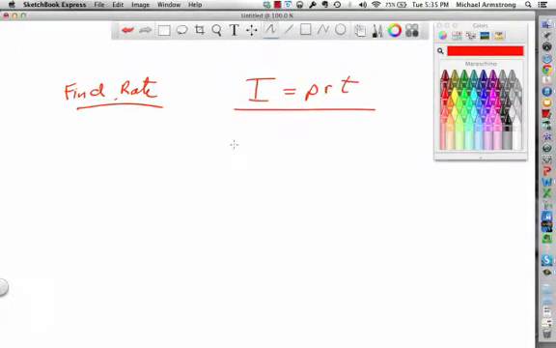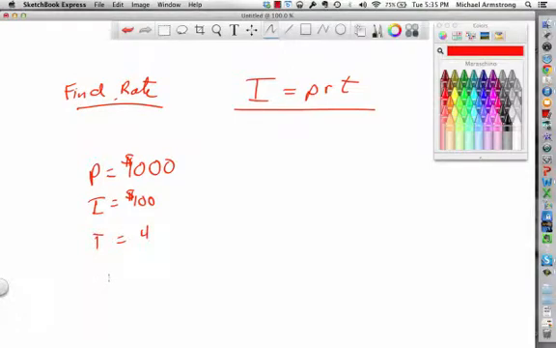The question says you put $1,000 into an account, so P equals 1,000, that's your principal. The account earns $100 simple interest, so your I, your earnings, is $100, in 4 years. So the T is 4 years. What is the annual interest rate?